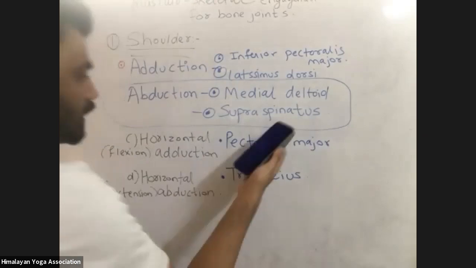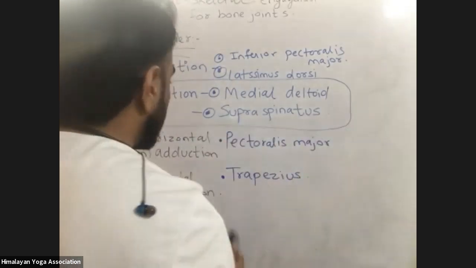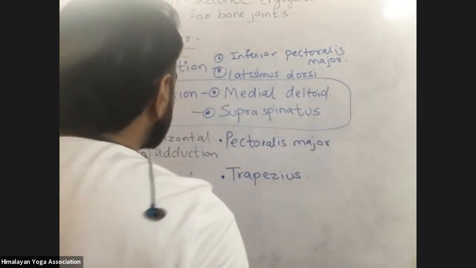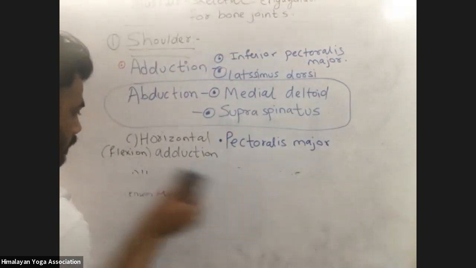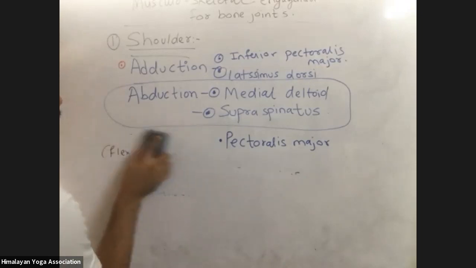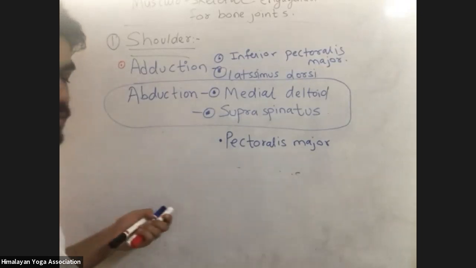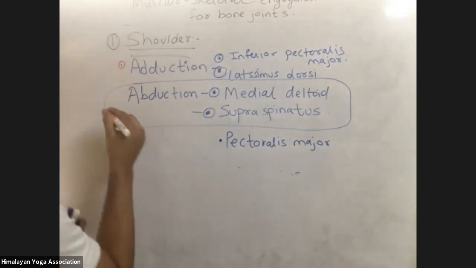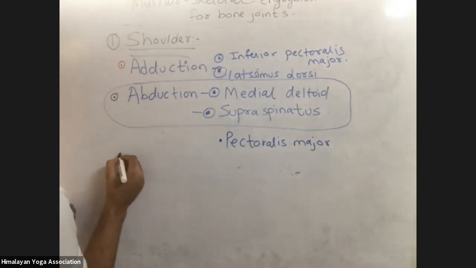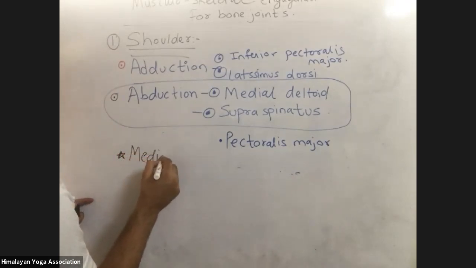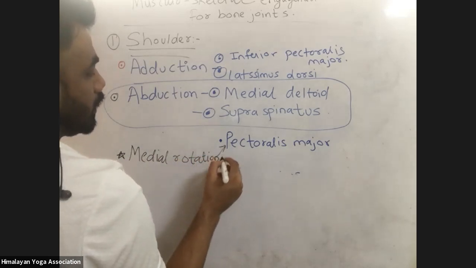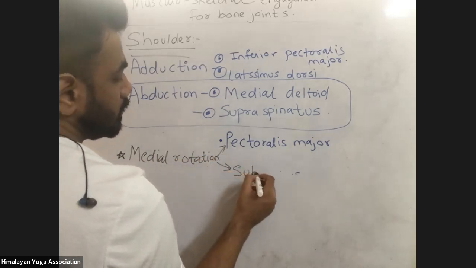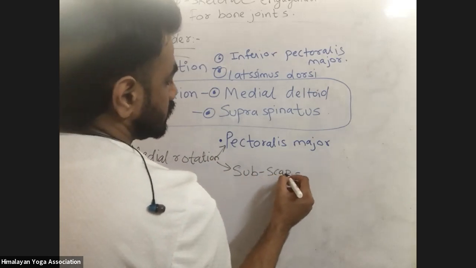So in the medial rotation, we will have the muscle engagement. Pectoralis major will be there for sure. So I will keep it like this. And I will just write one more muscle, that is subscapularis. Here we have medial rotation, where pectoralis major and subscapularis act.